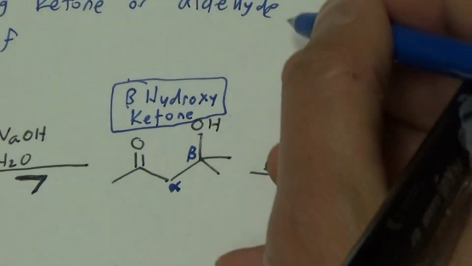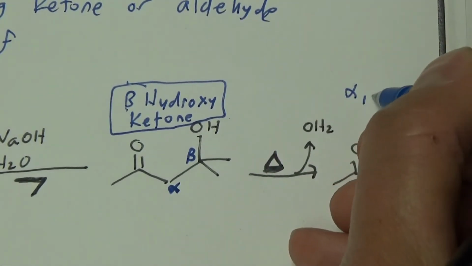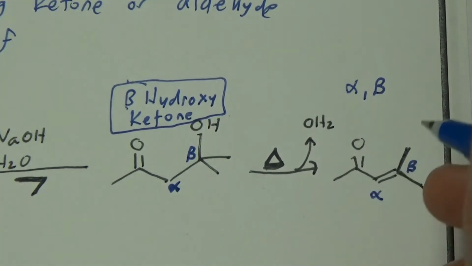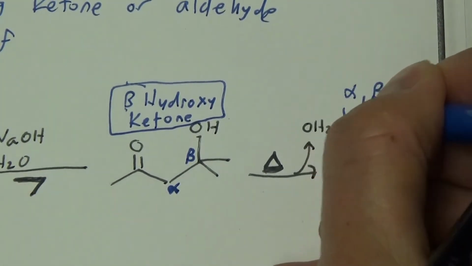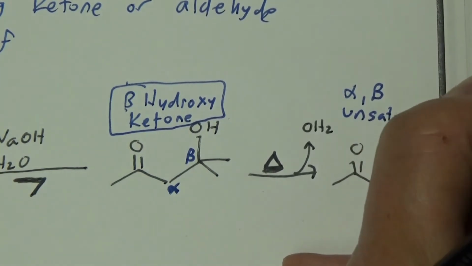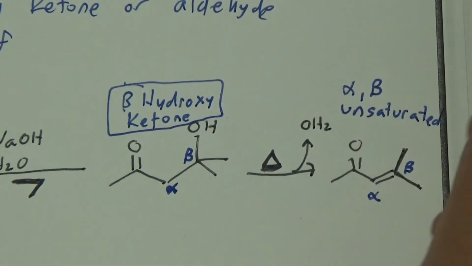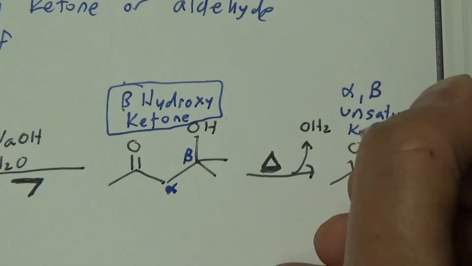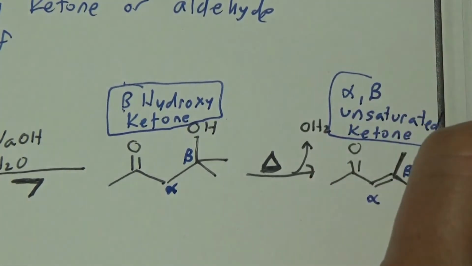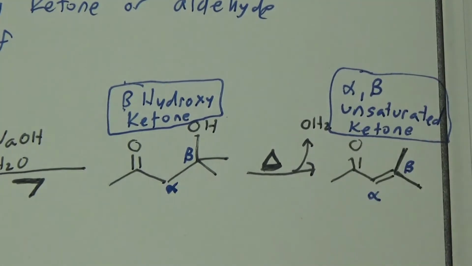It's called an alpha, beta unsaturated ketone. So unsaturated means alkene, right? Alpha beta unsaturated ketone. Okay.